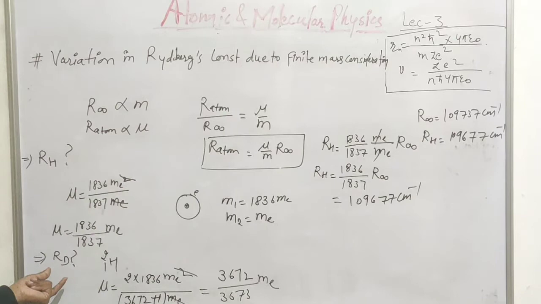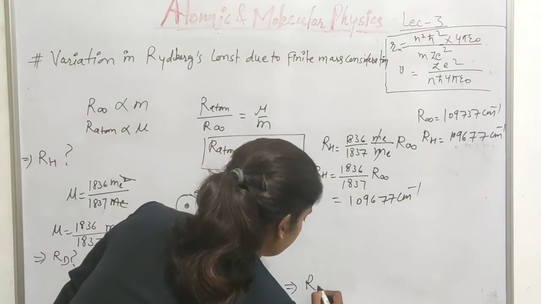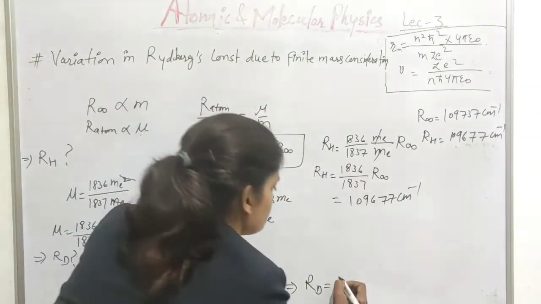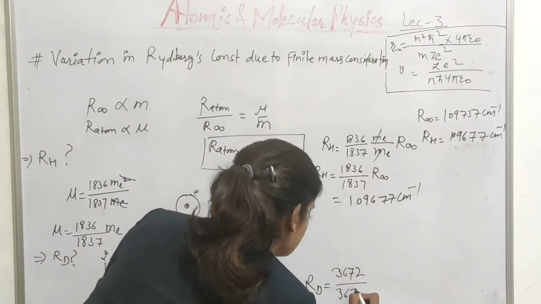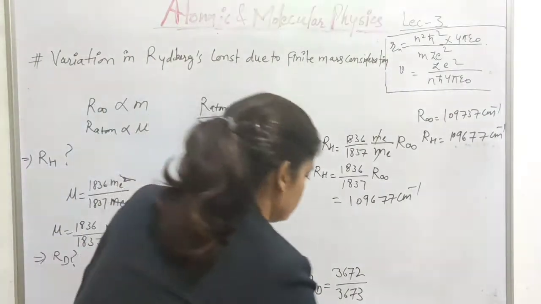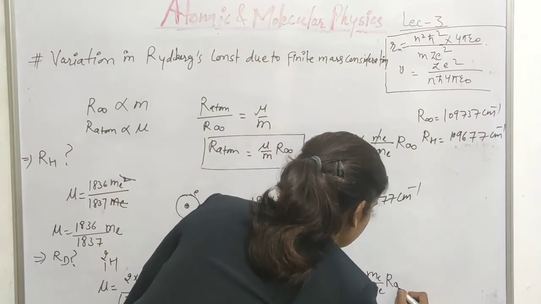So if we find RD, the Rydberg constant for deuterium, RD will be mu over m. Mu is this, so this will come out to be 3672 over 3673 mass of electron, over mass of electron, into R infinity.